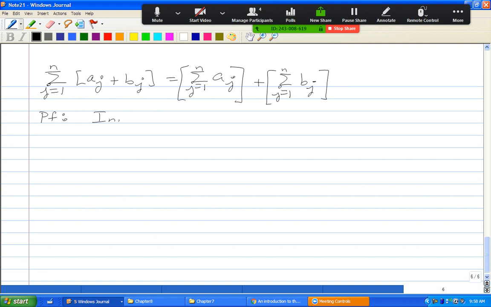Initial case. Again, let's use mathematical induction. So let's look at the sum j equaling 1 to 1 of a sub j plus b j. So this is equal to, well, plug in 1, a sub 1 plus b1.